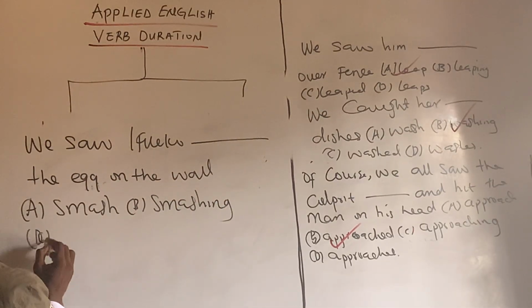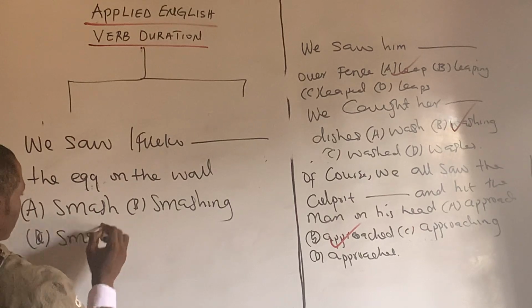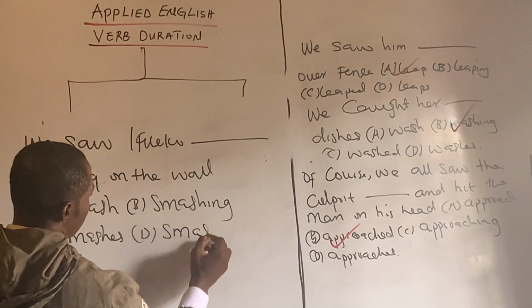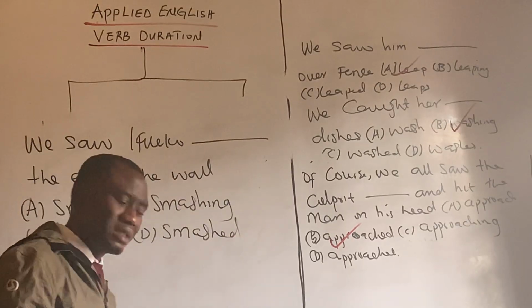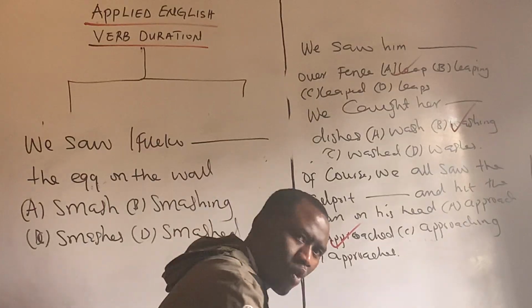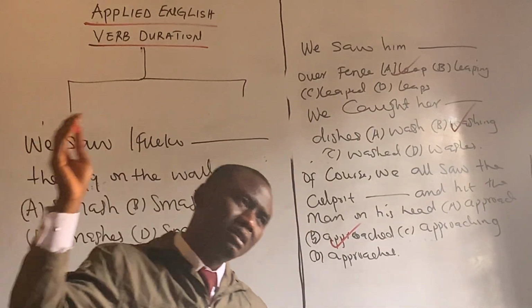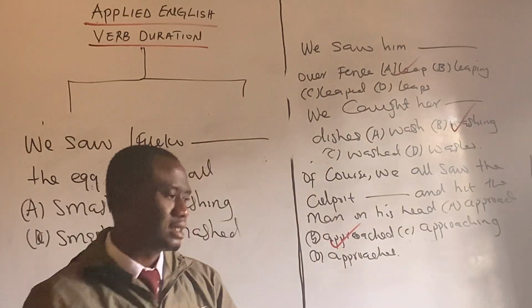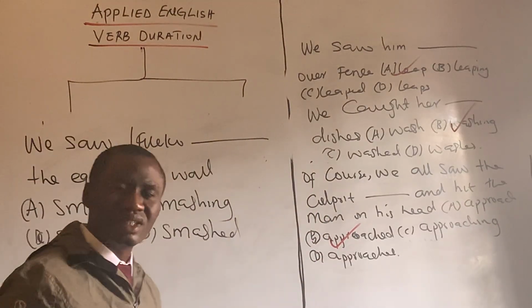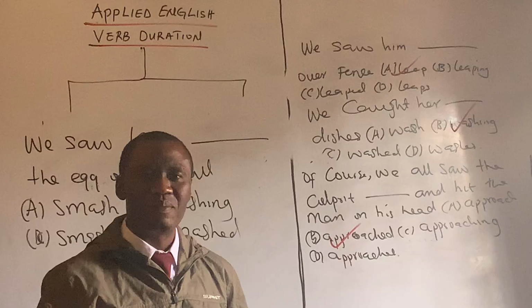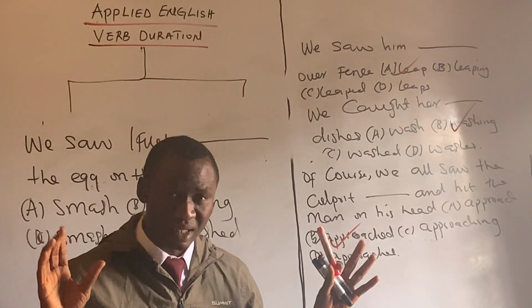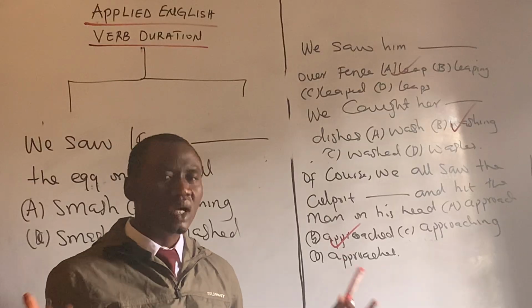C, smashes. Then D, smashed. Now, what's the answer? To smash the egg on the wall, is it done like this? Of course, it's not like that. You hit it hard on the wall. So it is an instantaneous verb, which means the base of that verb should not be changed generally, but under certain conditions, it could be changed.